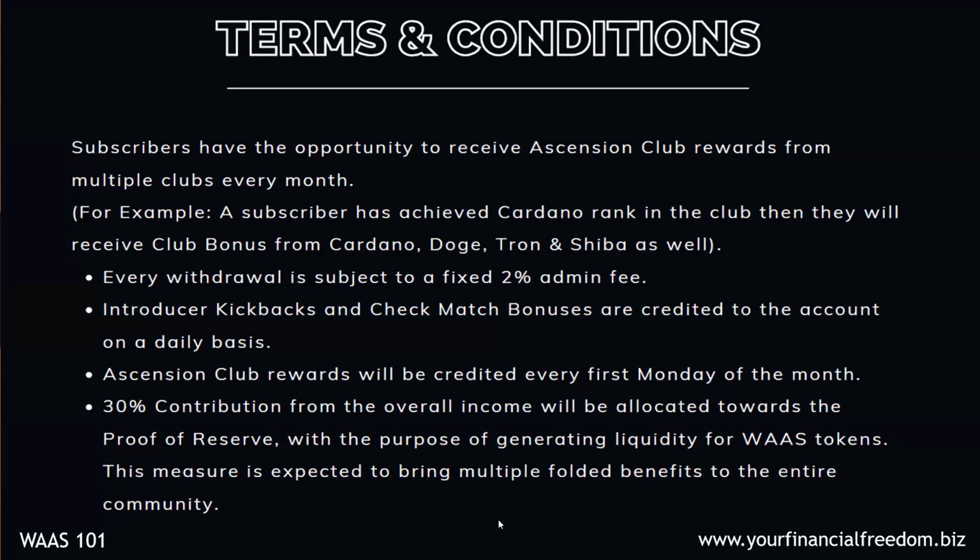Example, a subscriber has achieved Cardano rank, which is the 4th rank in the club. Then they will receive club bonuses for the Cardano, which is the 4th, the Doge, which is the 3rd, the Tron, which is the 2nd, and the Shiba, which is the 1st. All will be received by reaching the Cardano rank if all were received within 1 month.